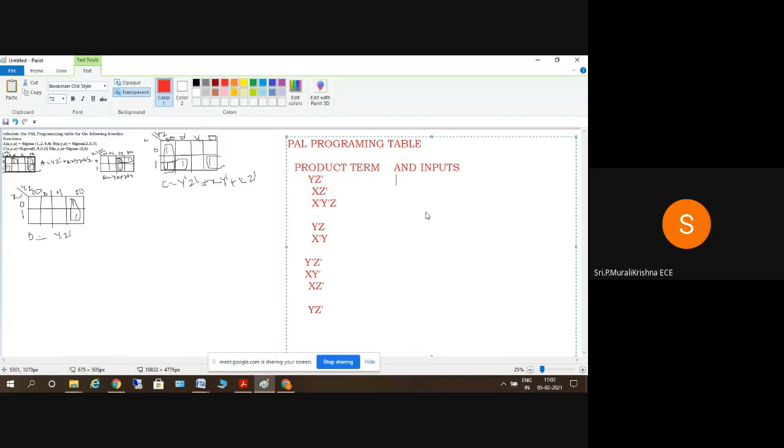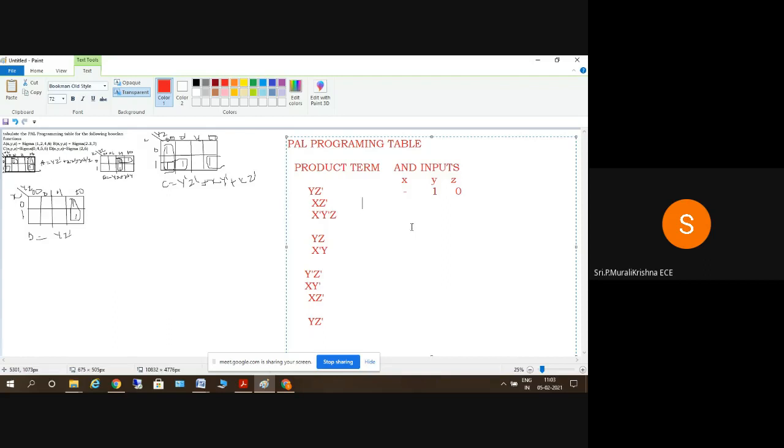Okay, AND inputs. So for the first one, what are the AND inputs here? The product term of XYZ is X, Y, and Z. So YZ bar doesn't have X here, but it has Y and Z. Y is in normal form and Z is in complement form.